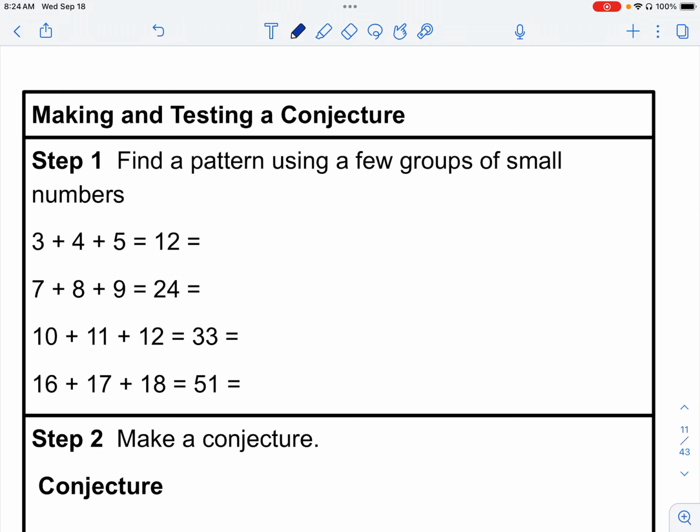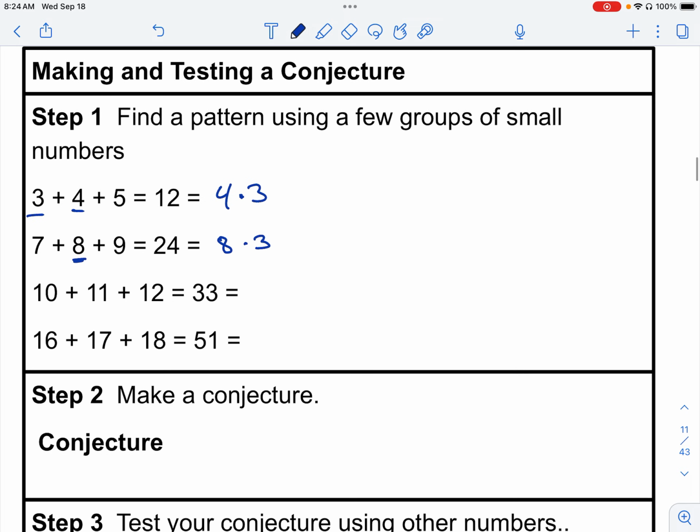Well, 12 we know is 4 times 3. 7 plus 8 plus 9 is 24. 8 goes into 24 3 times. 10, 11, 12 is 33, so 11 times 3. And 16, 17, 18 add to 51. And 51 is 17 times 3.